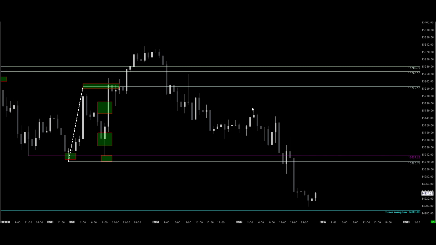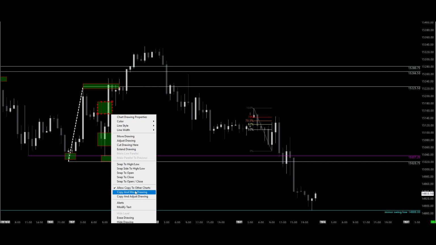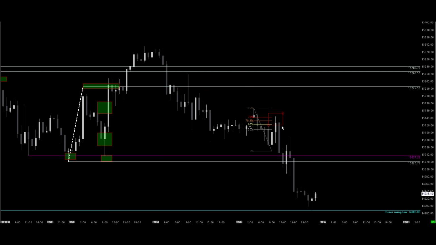So this sweep of this area up to here, I was looking for shorts today, and we talked about this in the chat, and I think we posted pictures of it. I was looking to be short in this area, leaning on this continuation move down, sweeping through these lows.